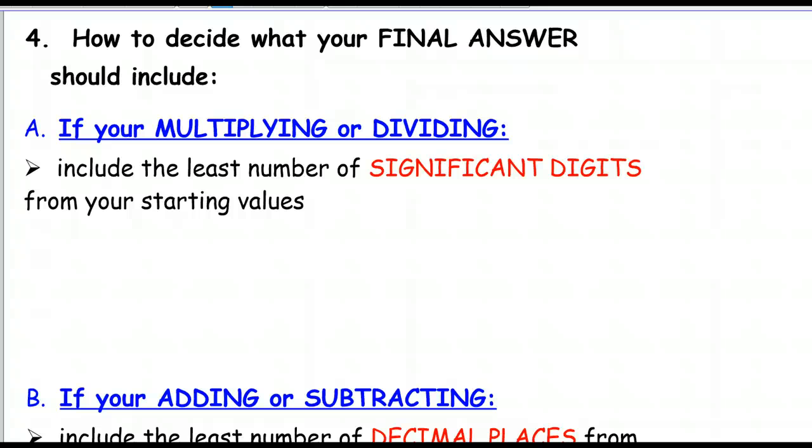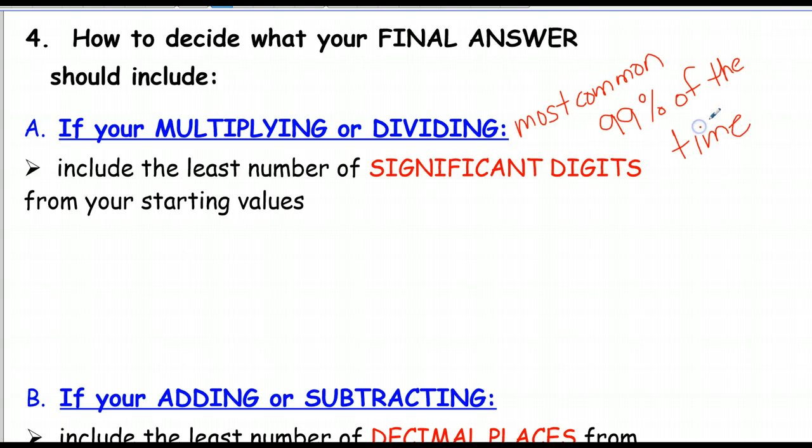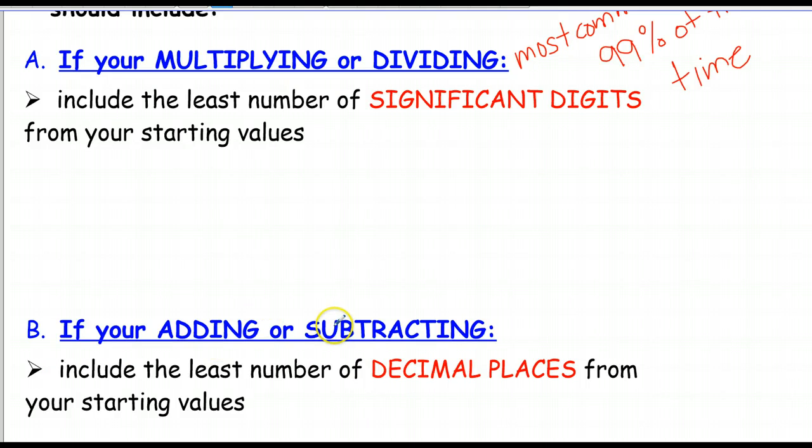If you're multiplying and dividing, which is most common, I'm going to say 99% of the time you're using this rule in this course, because almost every single formula involves multiplying and dividing. I can't think of one formula that only involves adding and subtracting, but we need to learn both rules.